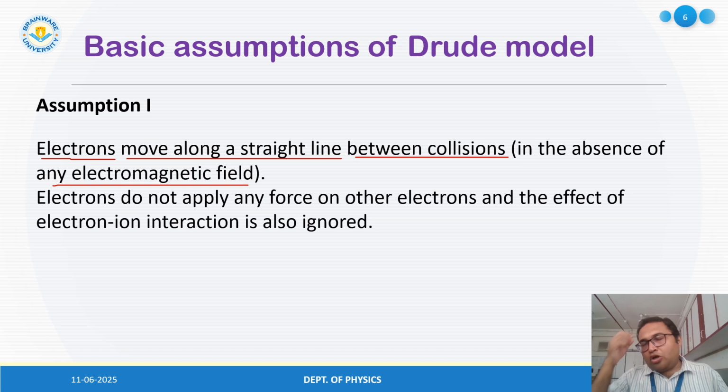From our 10 plus 2 physics, or even at 10th grade, what we know is Coulomb's law: if two charged particles are of the same polarity, either both plus or both minus, then they will repel each other. And if they are of opposite polarity, then they will attract.